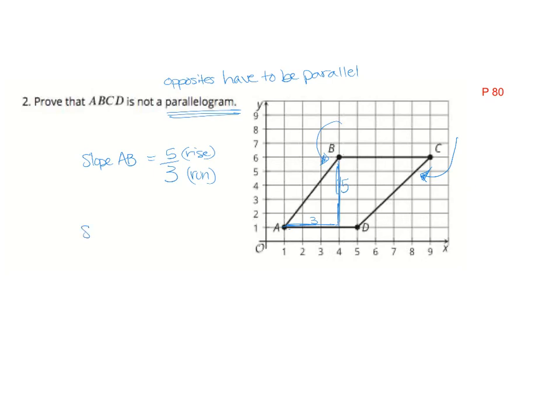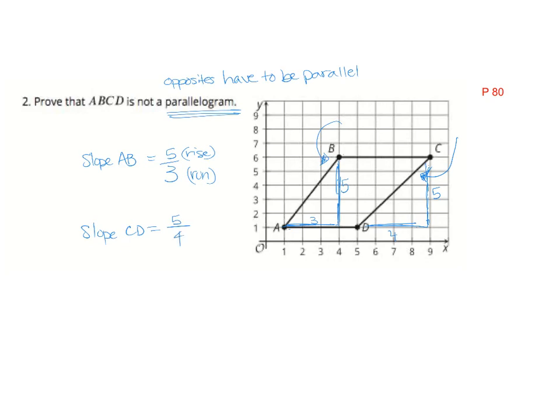So let's go look at the slope of CD. Okay, so when I draw my slope triangle for CD, it looks like my horizontal change is 1, 2, 3, 4, and my vertical change is 1, 2, 3, 4, 5. So my rise, my vertical change, my y change is 5, and my run, my horizontal change, my change in x is 4.